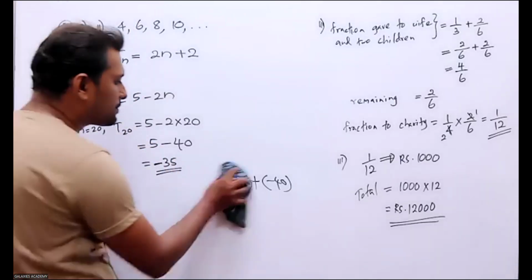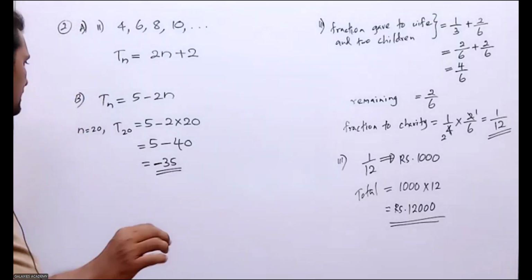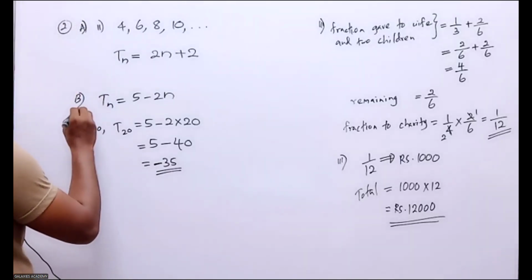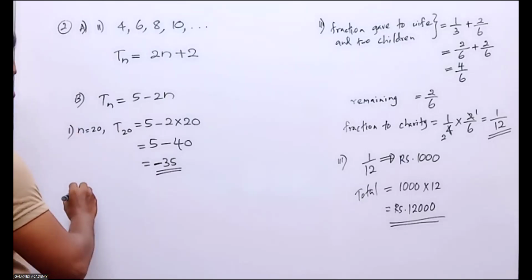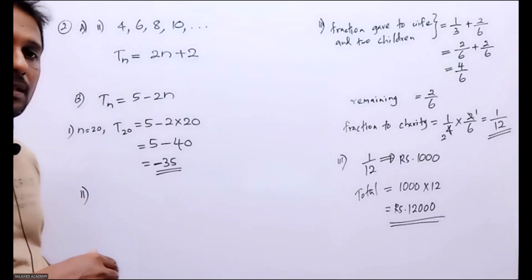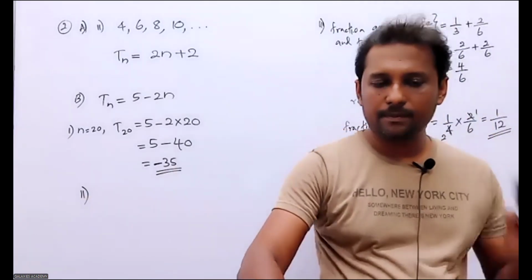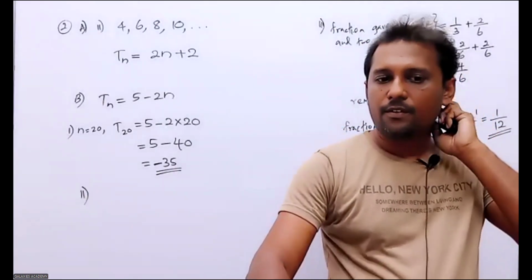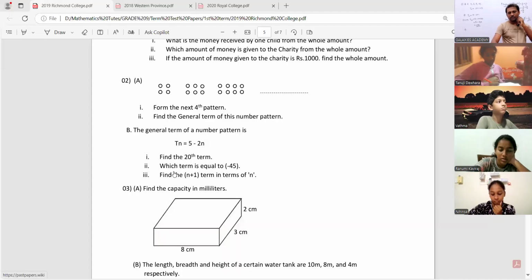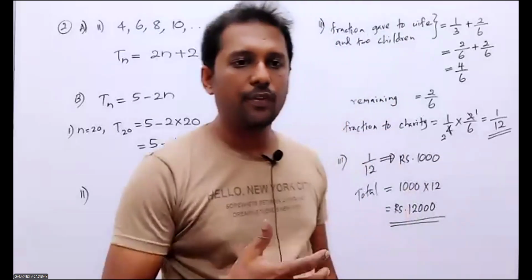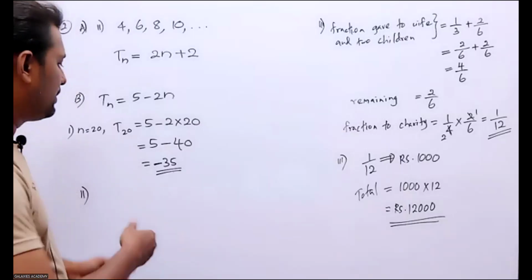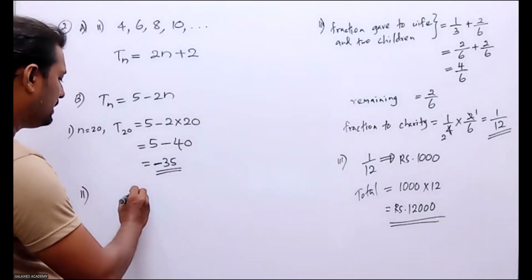Okay. It is the first part of capital B. Right? Then what is the second part? The second part says, find the position of negative 45. Which term is equal to negative 45? You have to find n. So what do you have to do? You have to write a simple equation.